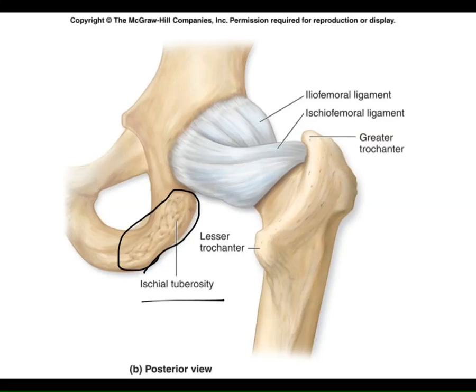If this is your ischiotuberosity or my ischiotuberosity, where is it, right? It's your butt. So what muscle must be attached that you know in the butt? The biceps femoris, right? One of the 3 hamstring muscles. And it attaches up here in that ischiotuberosity area. Again, look at that. There's 6 muscles on that little sheet. Everybody know what I'm talking about?